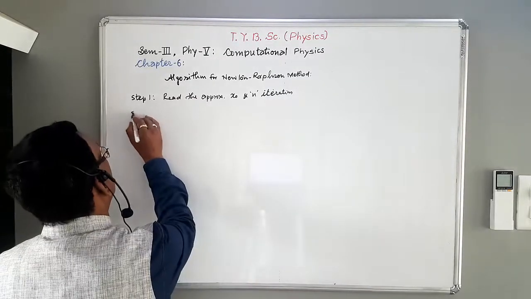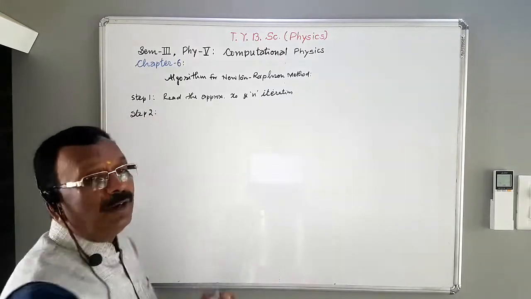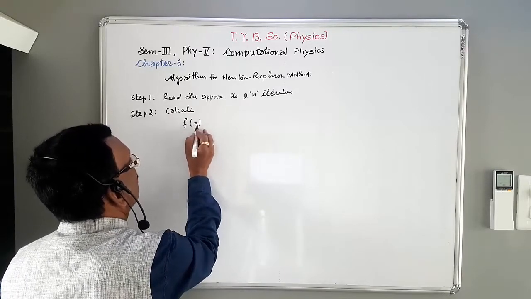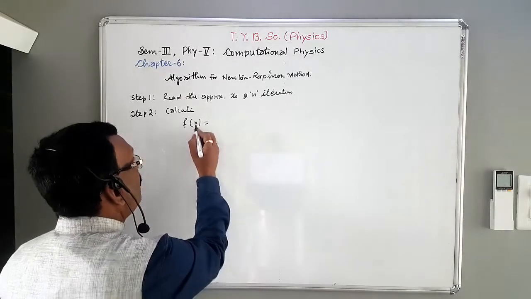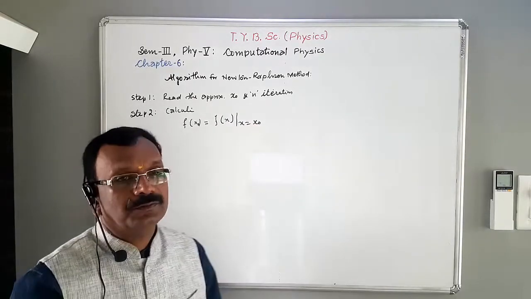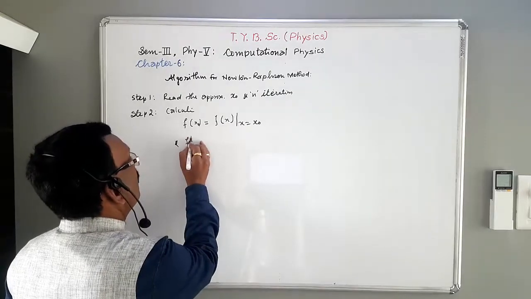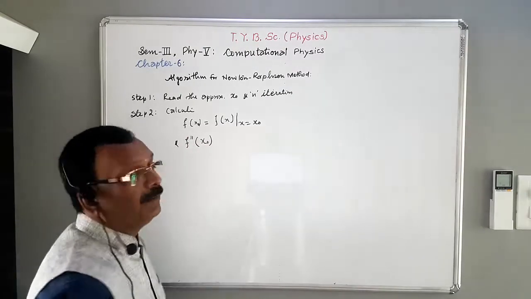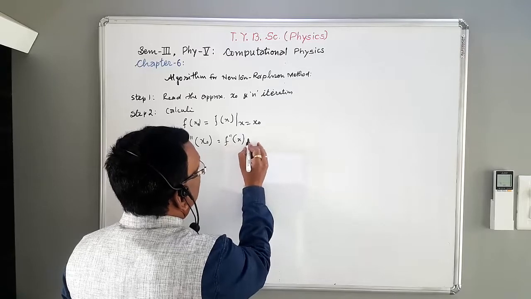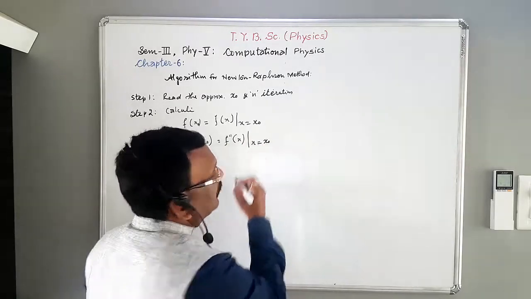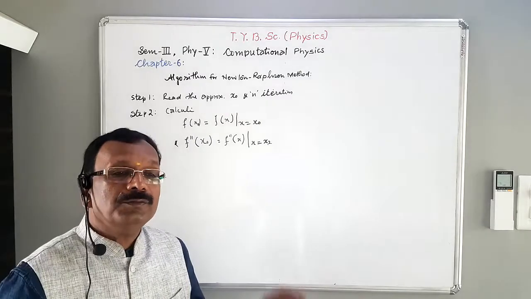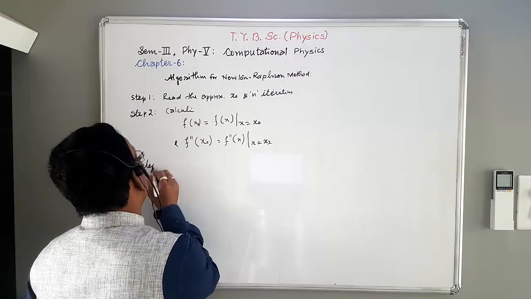In step 2, calculate f of x at x is equal to x0, and also the second order derivative of the same function, f double prime of x0.